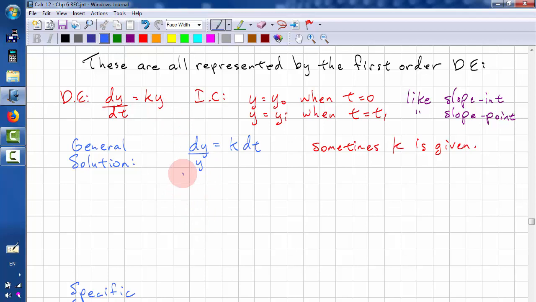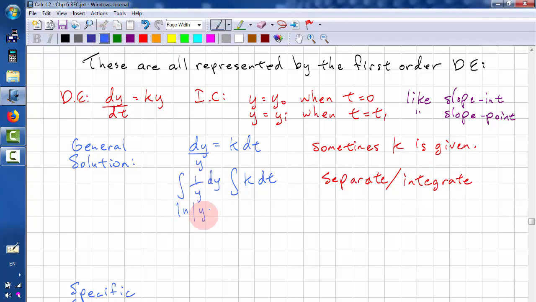We integrate both sides, 1 over y. We're just going to separate these two, just so it looks more like an integral statement. Integral of k dt. So we want to separate. It's already separated, and integrate. This is an easy integral.